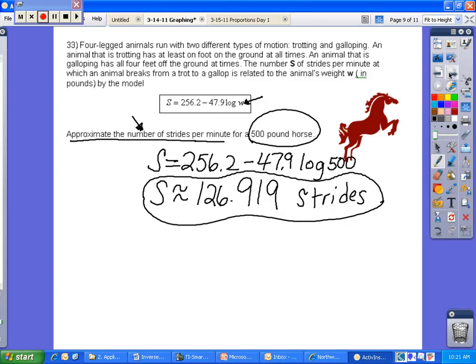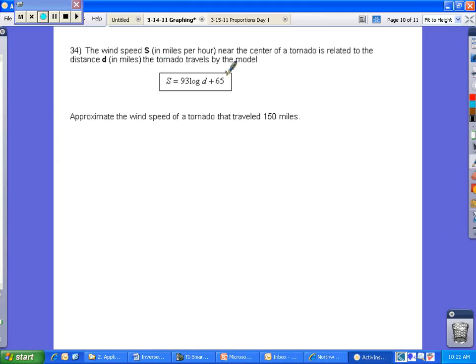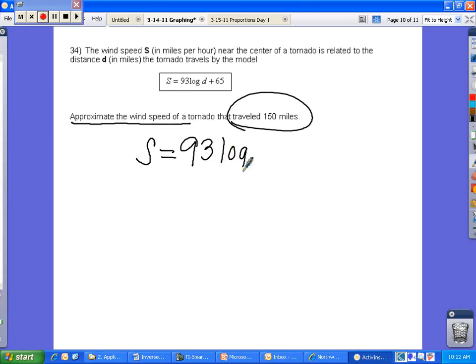Okay, next one. This is wind speed and distance, the tornado related to the distance the tornado travels. So in this case, we're approximating the wind speed that traveled 150 miles. So which are we going to look for? If we're approximating wind speed, we're looking for S. So we just plug in the value of D, which is the distance that's traveled so far. So 93 log of 150 plus 65.